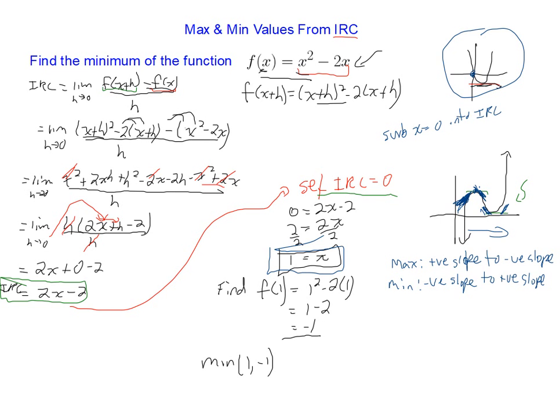If we get a value that's negative, that means that the function is decreasing here. And then we can test on the other side, and then it goes to increasing. If it's going from decreasing to increasing, then we have a minimum value as we wrote here. So that's how we can use instantaneous rates of change to find max and min values in functions.